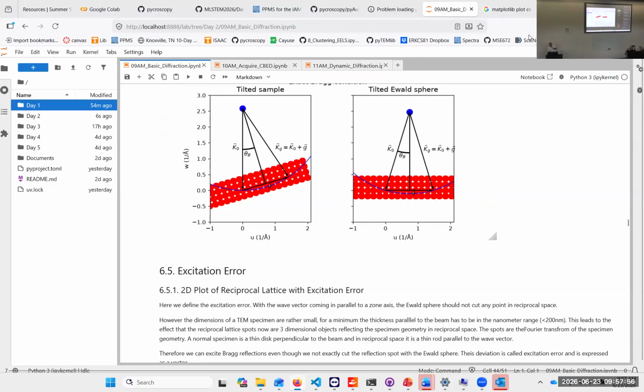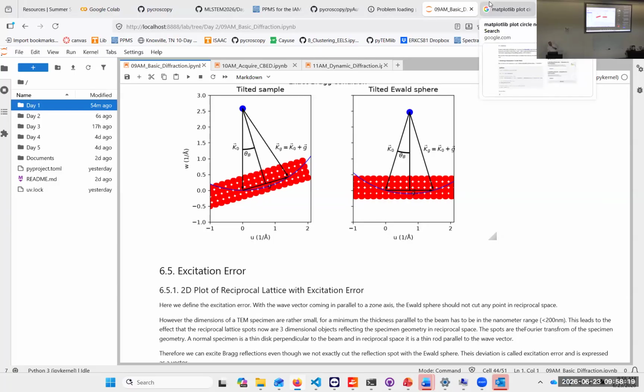So for practically orientation matrix formulas that we can use. Yeah, we don't do any of that. That's the beauty of the Ewald sphere. We don't have to have a specific formula for the orientation.